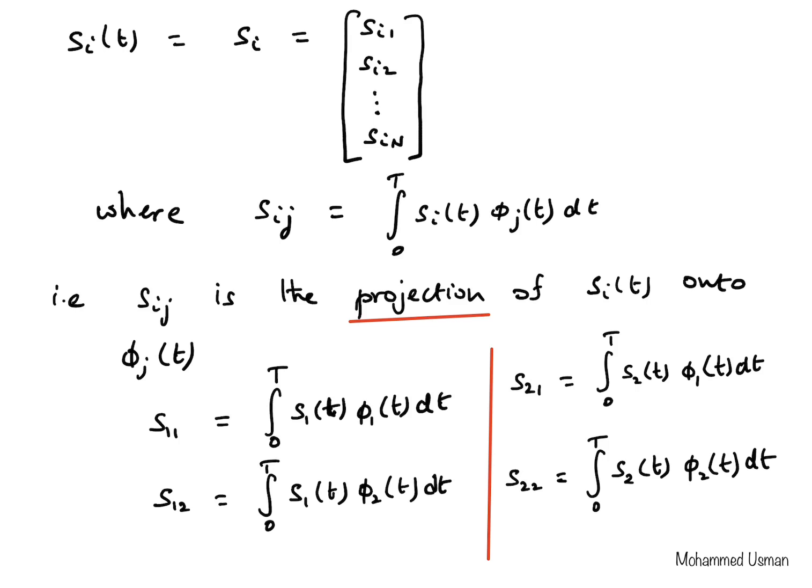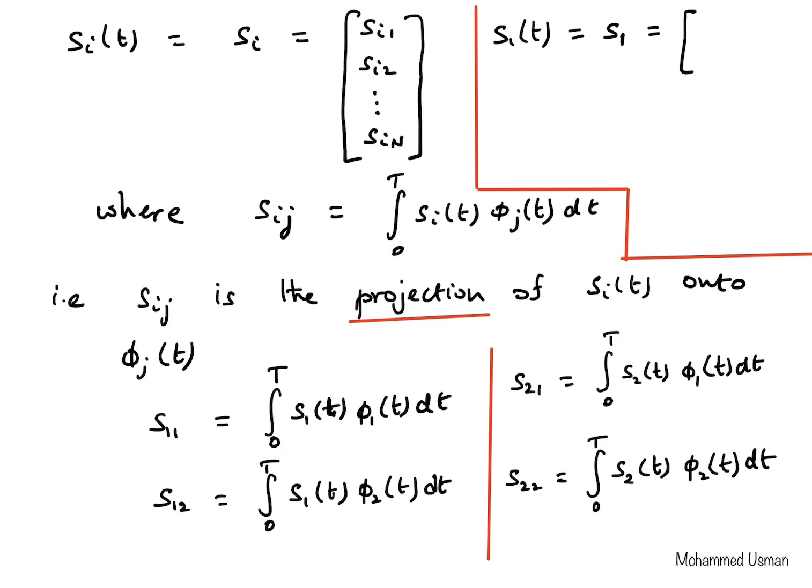Okay, so basically if I had the signal S1 of t, so let me draw a separating line here. If I put i equal to 1 now, that gives us S1 of t. We can represent that as a vector S1, consisting of two elements, S11 and S12, because I'm just giving you an example for a signal represented in a two-dimensional space.